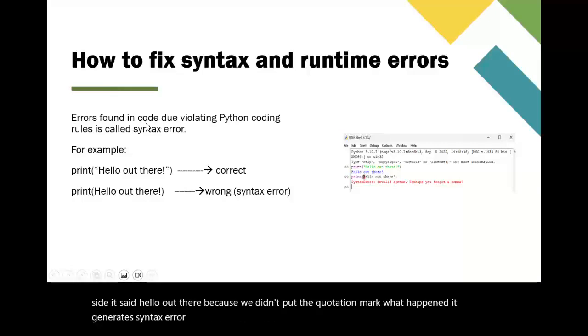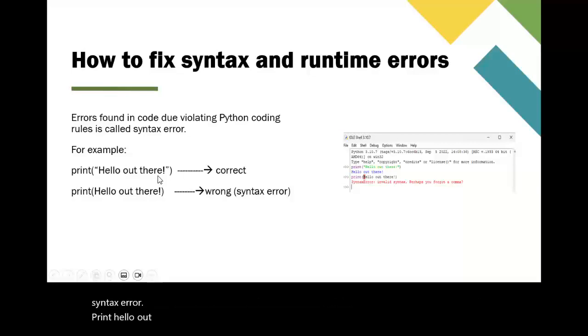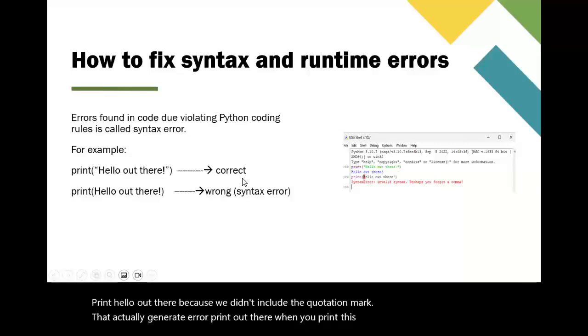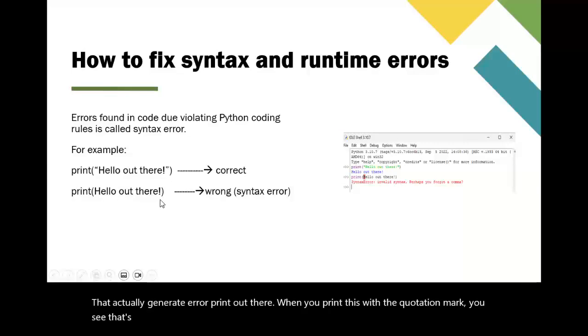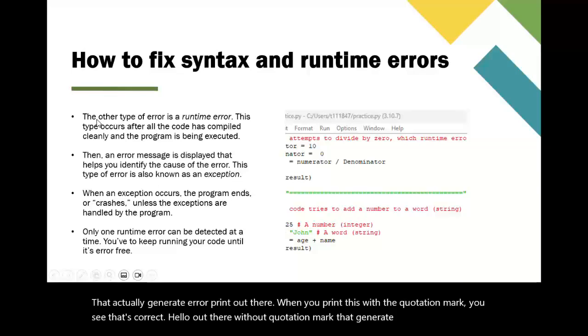So errors found in code due to violating Python coding rules are called syntax errors. Print hello out there, when you print this with the quotation mark, you see that's correct. Hello out there without quotation mark generates a syntax error.